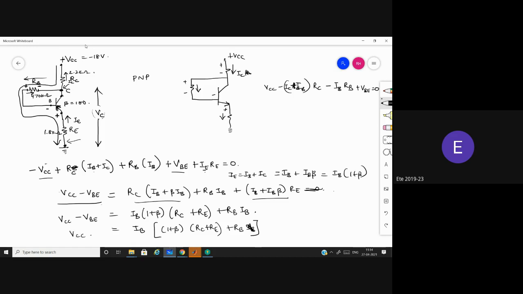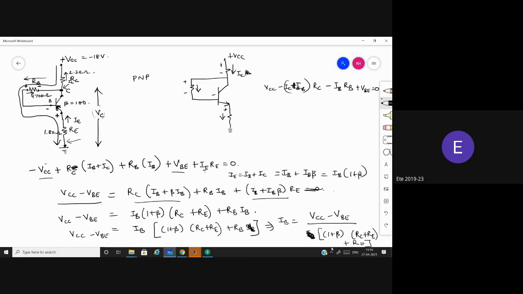So VCC minus VBE. So this implies IB is equal to VCC minus VBE divided by 1 plus beta into RC plus RE. Sorry, IB will not be there, RE.